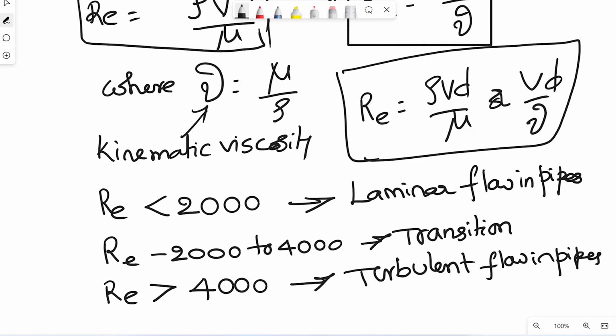Once you find the type of flow, whether it is laminar flow, naturally the set of equations is different. If it is turbulent flow, the set of equations is different. Using that, we will go into the next topic.